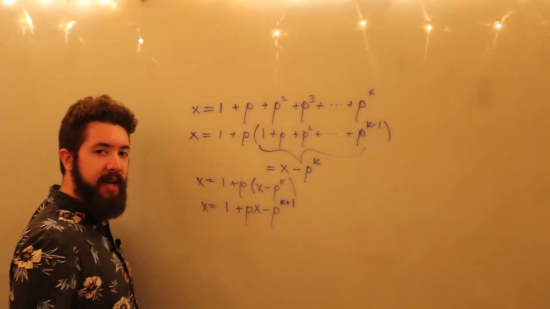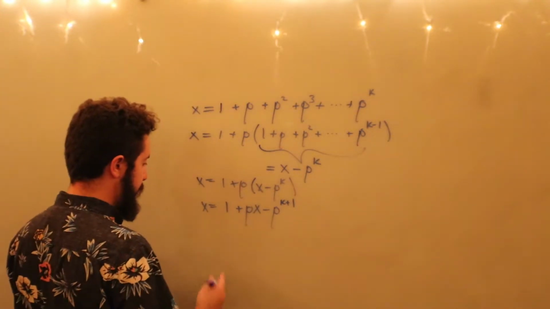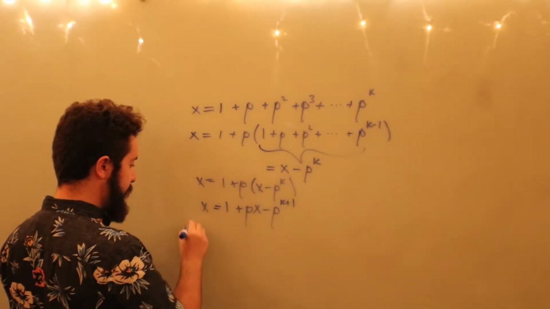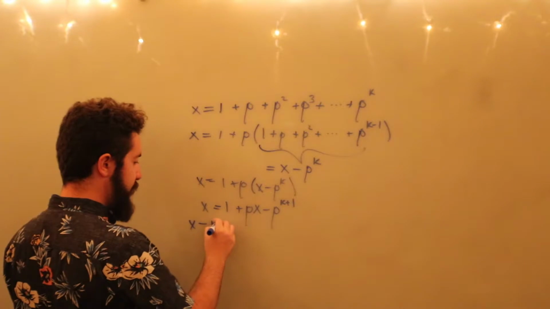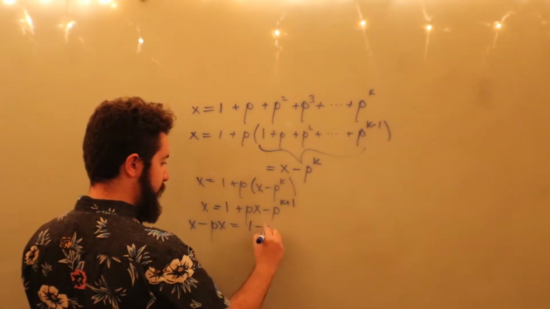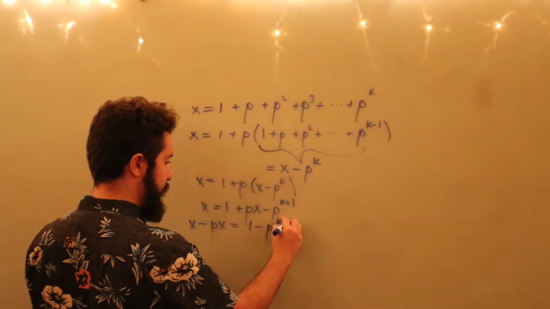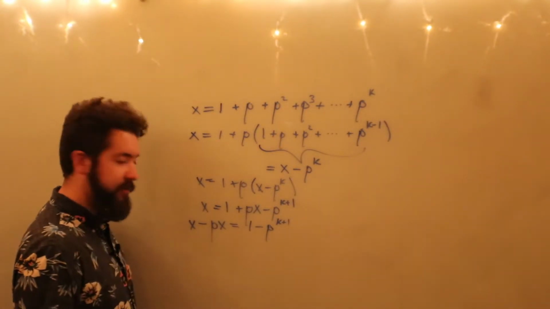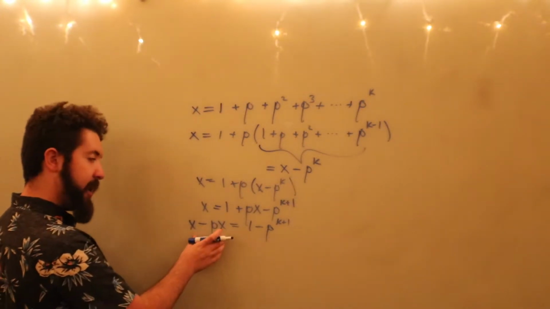Well, now let's combine the x terms. So if we move this over to this side, we'll get x minus px is equal to 1 minus p to the power k plus 1. Now we can do something else. We can factor out x on this side.